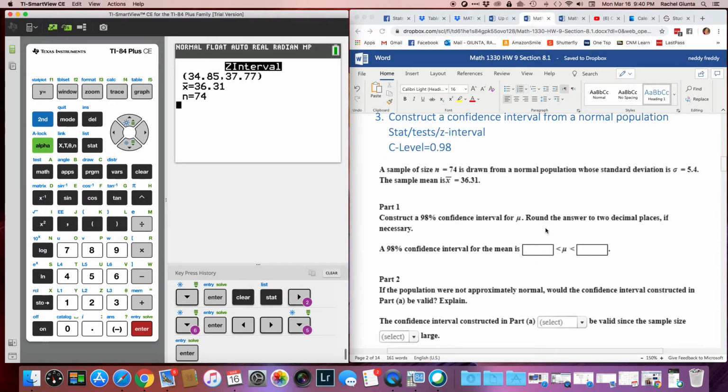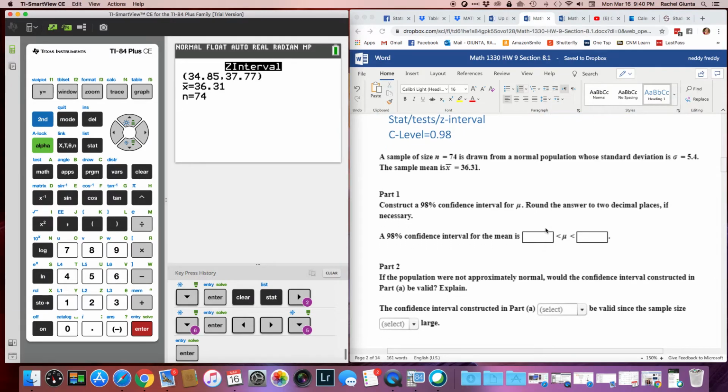The second part for this particular question, I'm not sure I've seen that recently, so I'm not sure if you'll have this one, but in case you do, it says if the population were not approximately normal, would the confidence interval constructed in part A be valid? Explain.